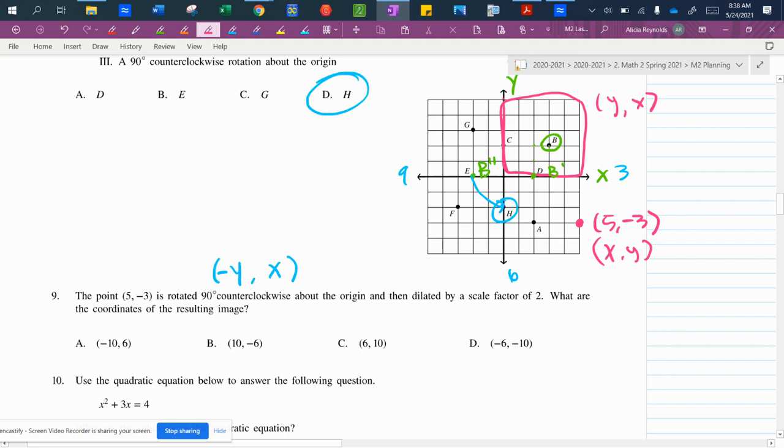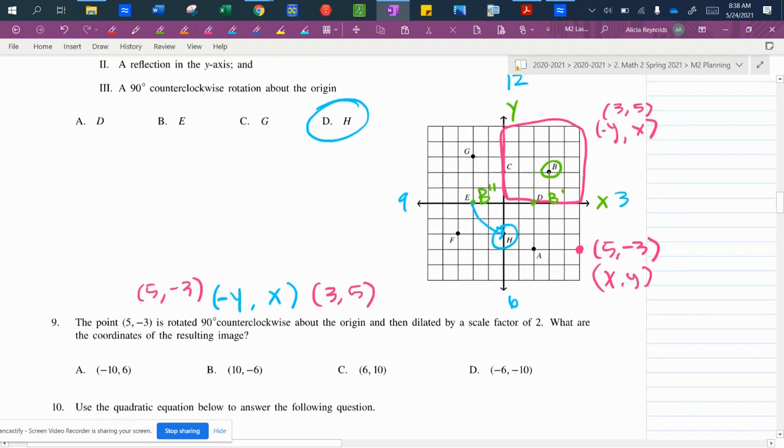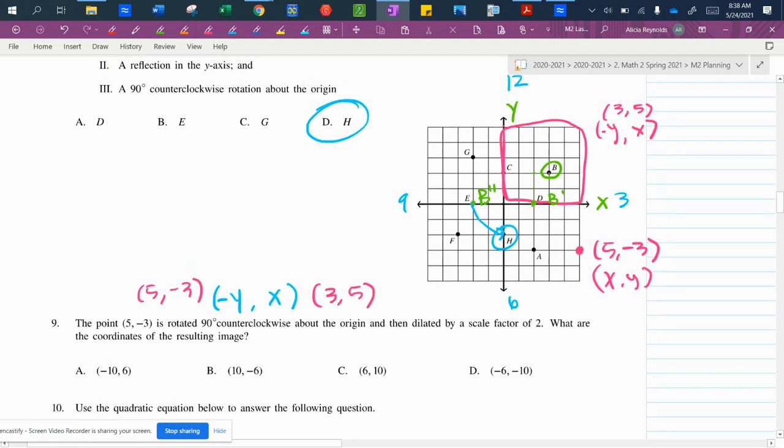So I'm not going to have a negative right here. So when I switch these, I get 3, 5. If I apply this rule, 5, -3, y negative x, or negative yx, I get 3, 5. Same thing. Does that make sense? So we can rely on our quadrant to tell us what our signs are.